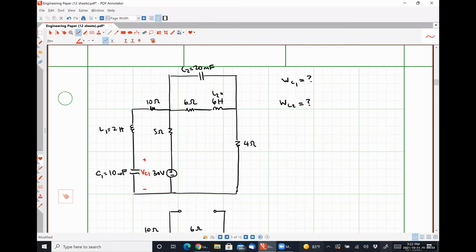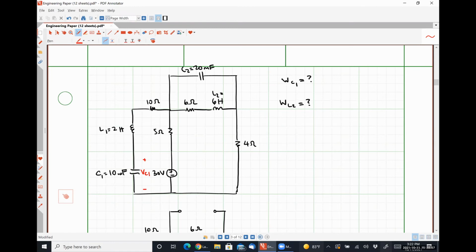Everybody okay with that? Sure, so the energy stored by a capacitor is 1/2 CV squared. Since the voltage is squared, the polarity that we choose doesn't influence our energy stored at all.